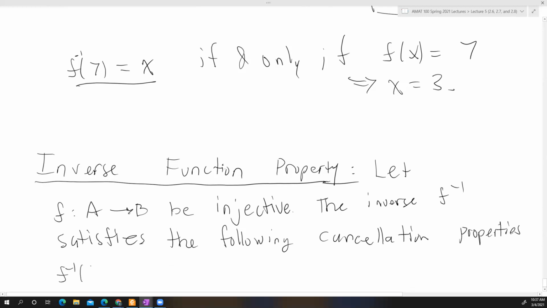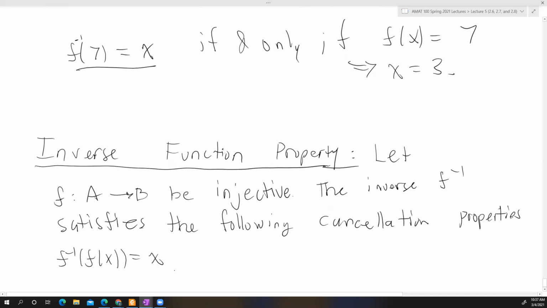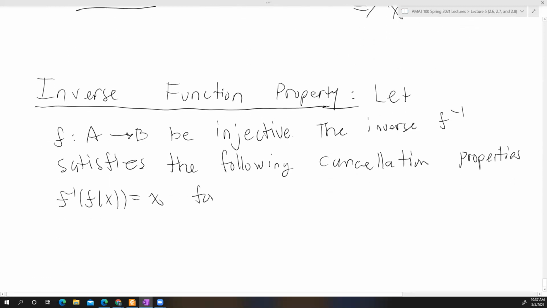We have f inverse of f of x is equal to x for all x in A, and f of f inverse of x is equal to x for all x in B.